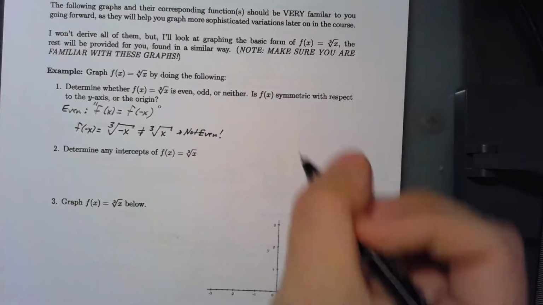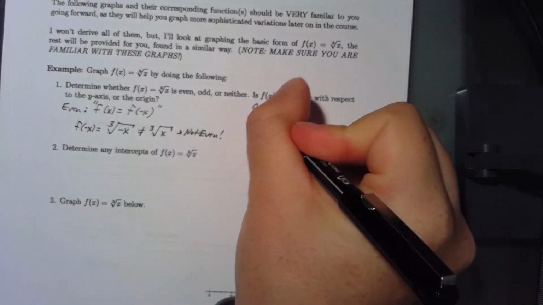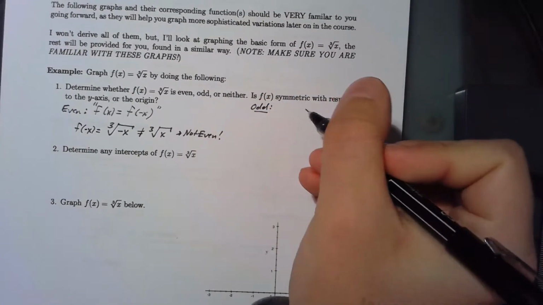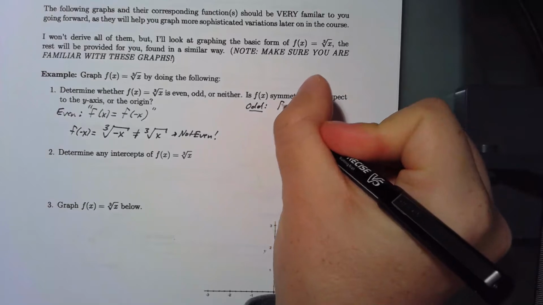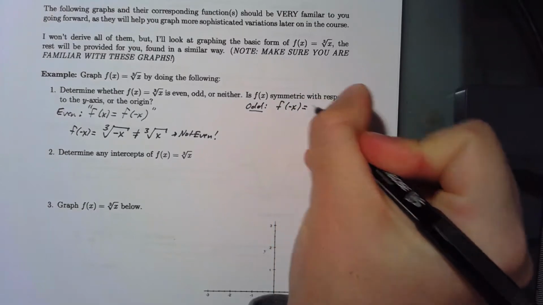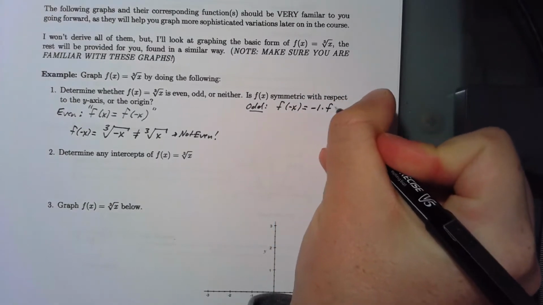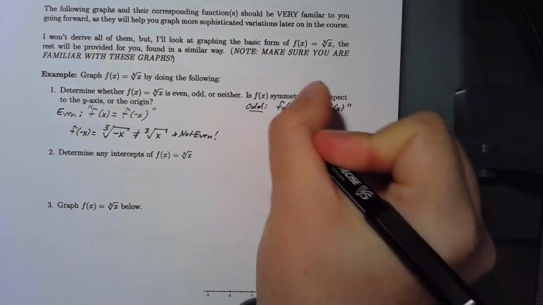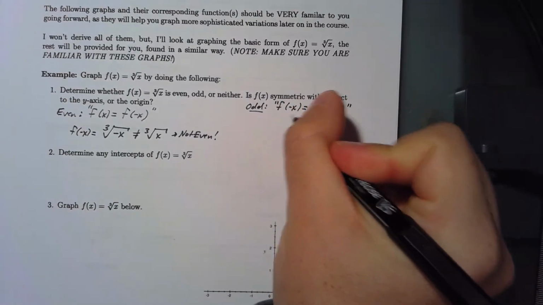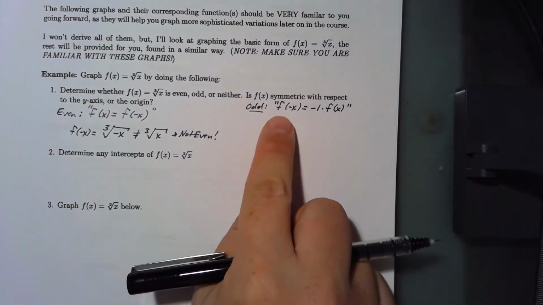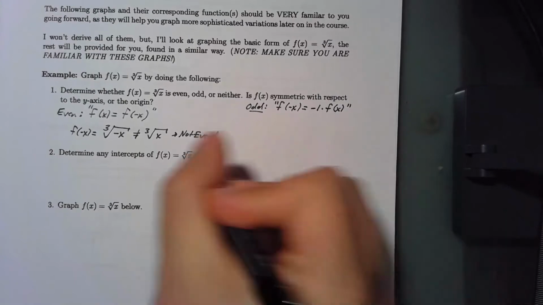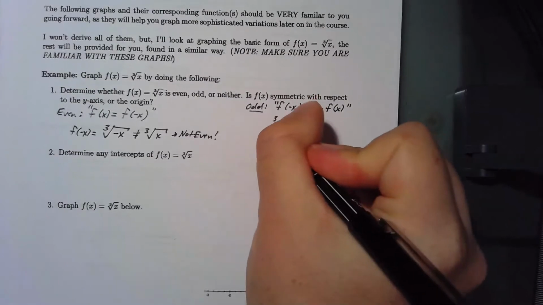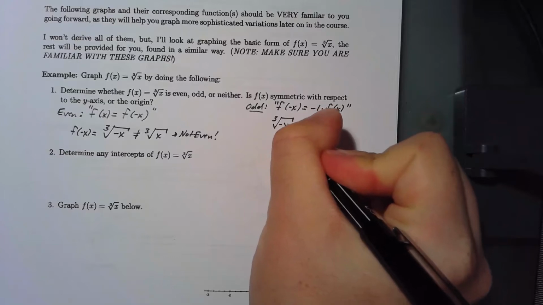So let's test for odd, whether f of x is odd or not. In order to do that, you look at f of negative x equals negative 1 times f of x. We already know what f of negative x is. That is right here, the cube root of negative x.